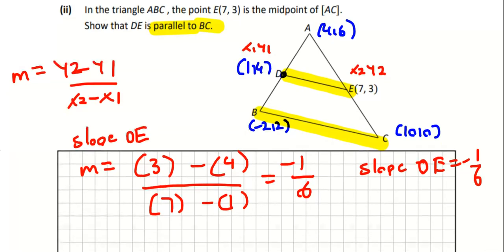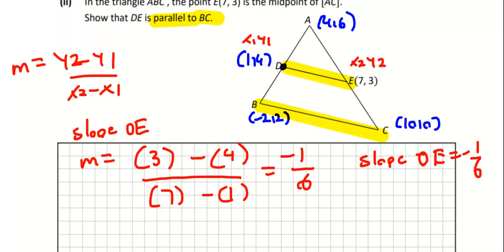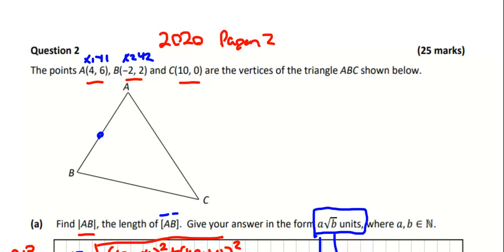Now, BC. So slope BC. So that's x1, y1, that's x2, y2. So you're going to get 10 minus 2 all over, sorry, give me a sec, 10. B is minus 2, 2.